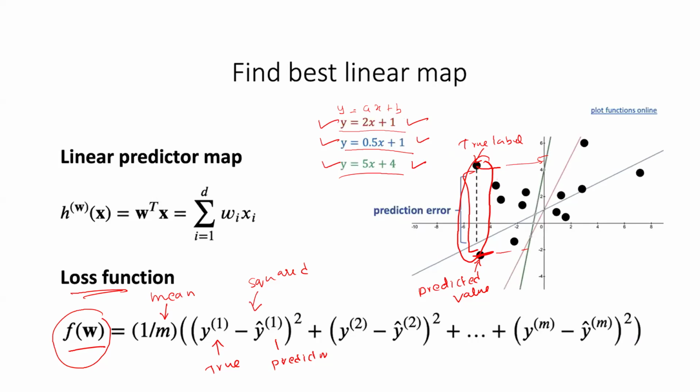This loss function minimizes the prediction error, and if the prediction error is too large, as I just explained, we square it. We then find the loss of the one having the minimum error.